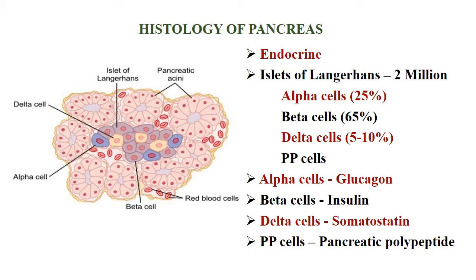The alpha cells are involved in the secretion of the peptide hormone called glucagon. Beta cells are the insulin secreting cells, and delta cells secrete somatostatin. PP cells secrete pancreatic polypeptide.